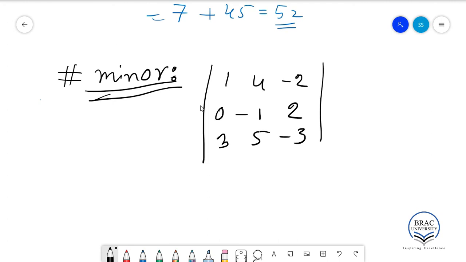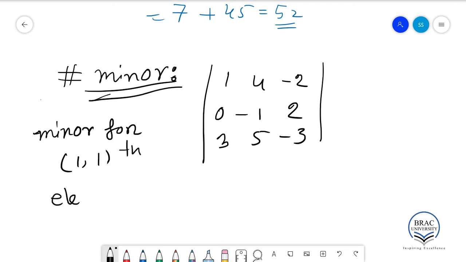the minor for a specific element, let's say I want to have the minor for the 1/1th element. So how do I figure that out?